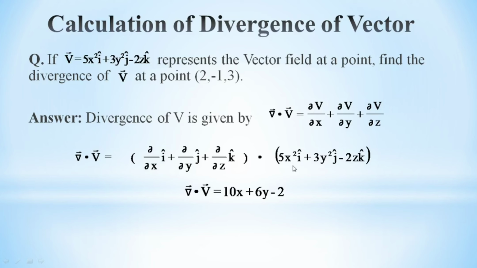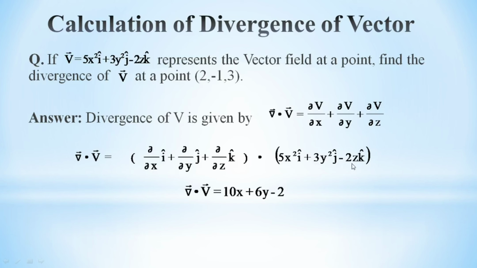When we differentiate V partially with respect to x, we get 5x square as 5 into 2x, that is 10x. With respect to y, we get 2y as the differential. If we multiply it with 3, we get 6y.